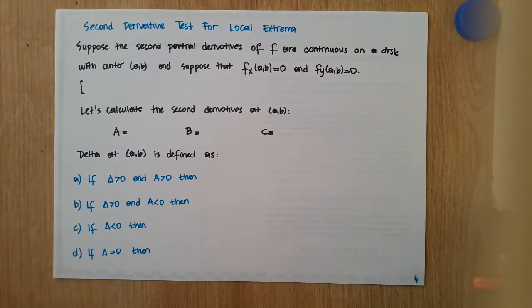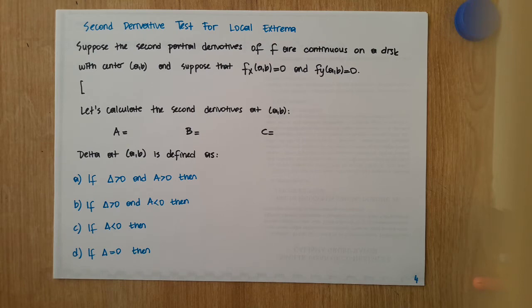So this is a really useful test for us. Using this test, we can directly decide the types of the critical points. First, we will find the critical points, and secondly, using this test, we can decide whether the critical point is a local max, a local min, or a saddle point.